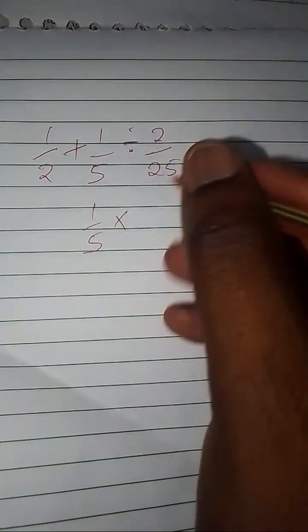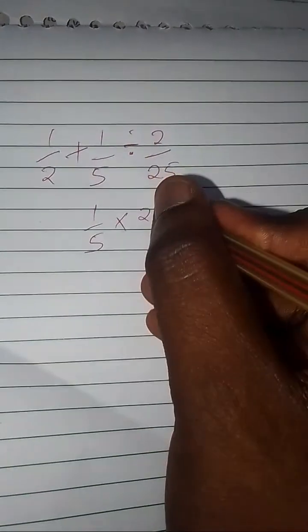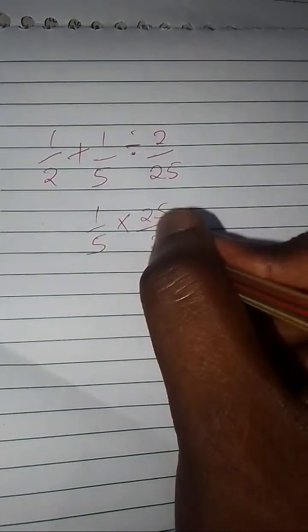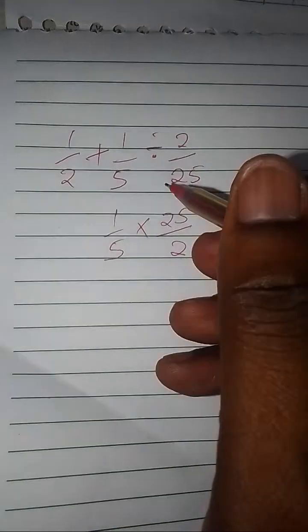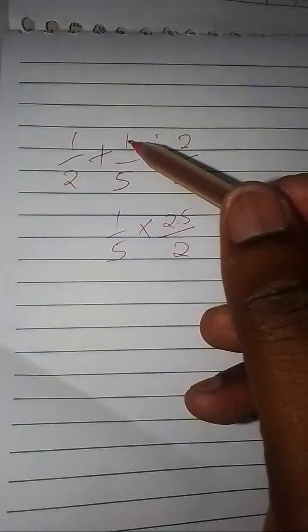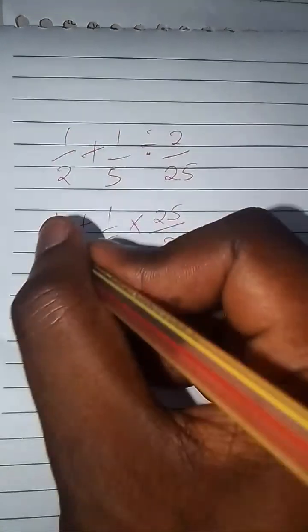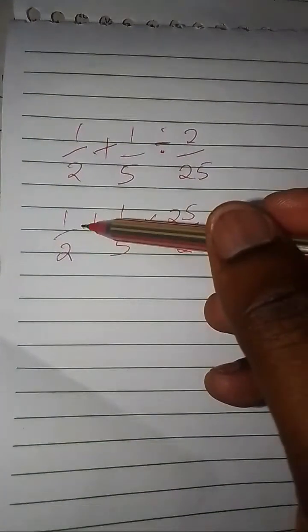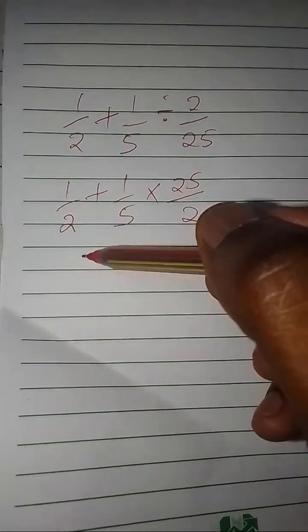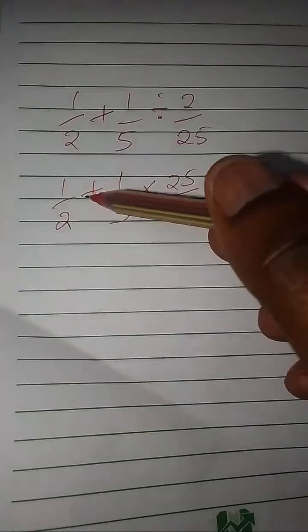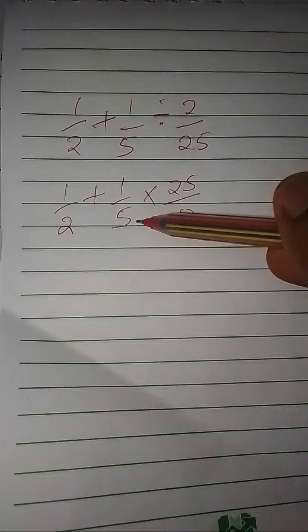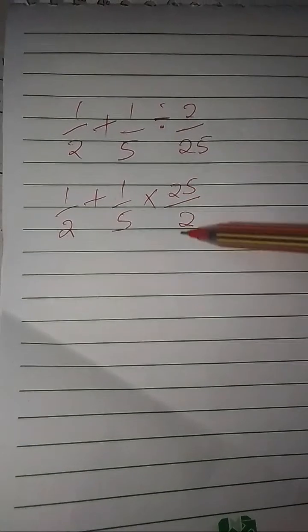And the reciprocal of 2 over 25 is 25 over 2. Then we are allowed to bring our addition. So we bring our addition here. That was a half. So now we shall have a half, add to a fifth, multiply by 25 over 2.